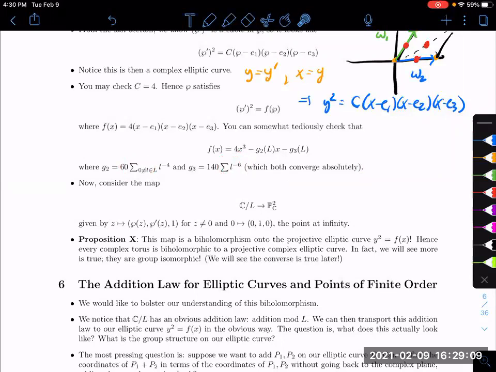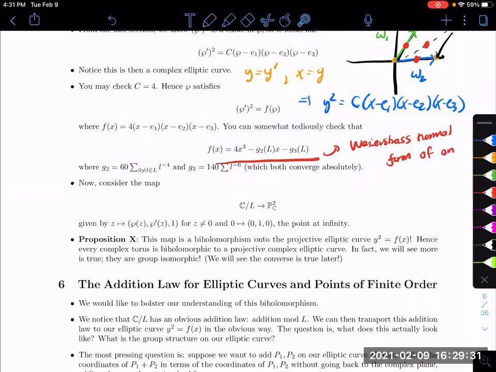And this guy right here is called the Weierstrass normal form of our elliptic curve. More generally, ax cubed plus bx plus c equals y squared is the Weierstrass normal form.